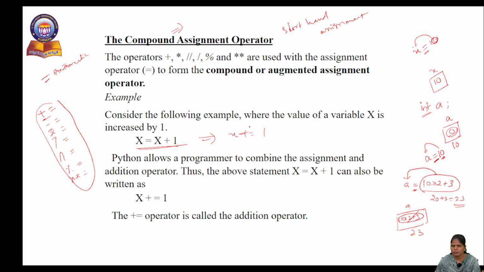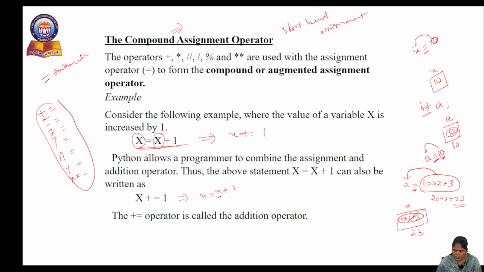The one thing we have to keep in mind while using compound assignment is that the variable should be like x equal to x plus 1. Here this particular variable and this particular variable should be the same. So x plus equal to 1 indicates x equal to x plus 1.